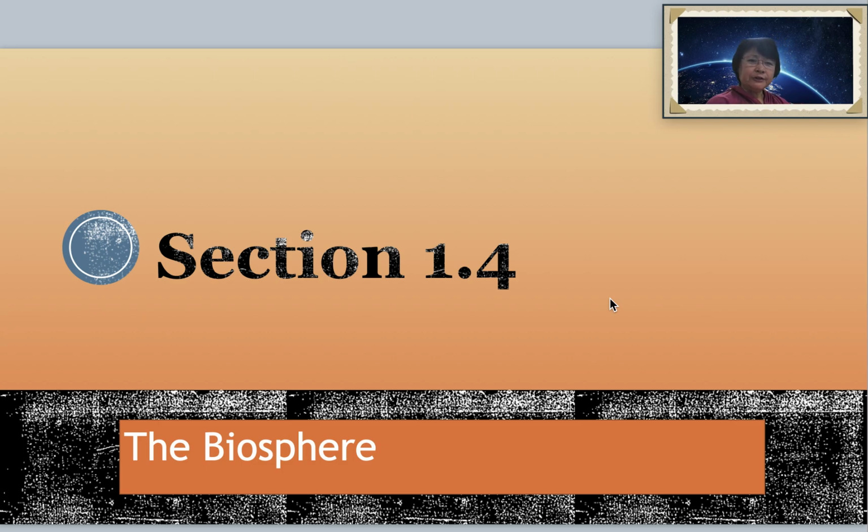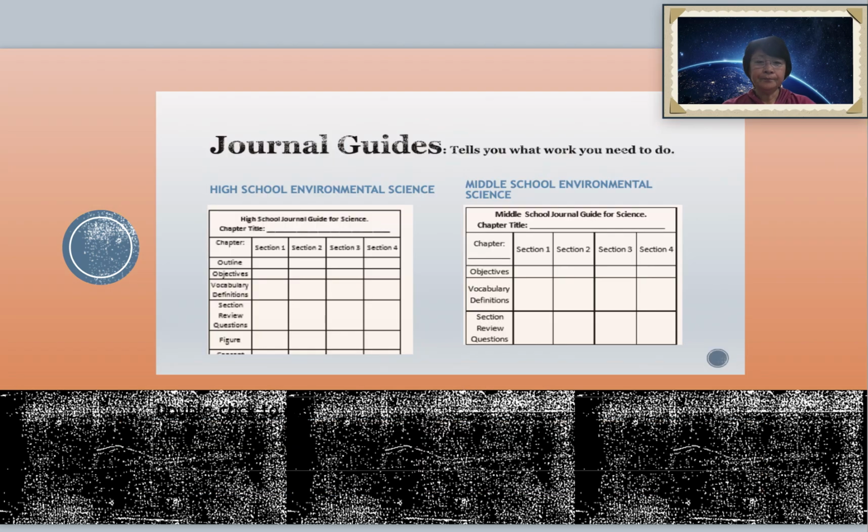On this episode of environmental science, we will cover section 1.4, which is chapter 1, section 4. Section 4 is all about the biosphere. And just to review the journal guides and the expectations for high schoolers versus the middle school students.